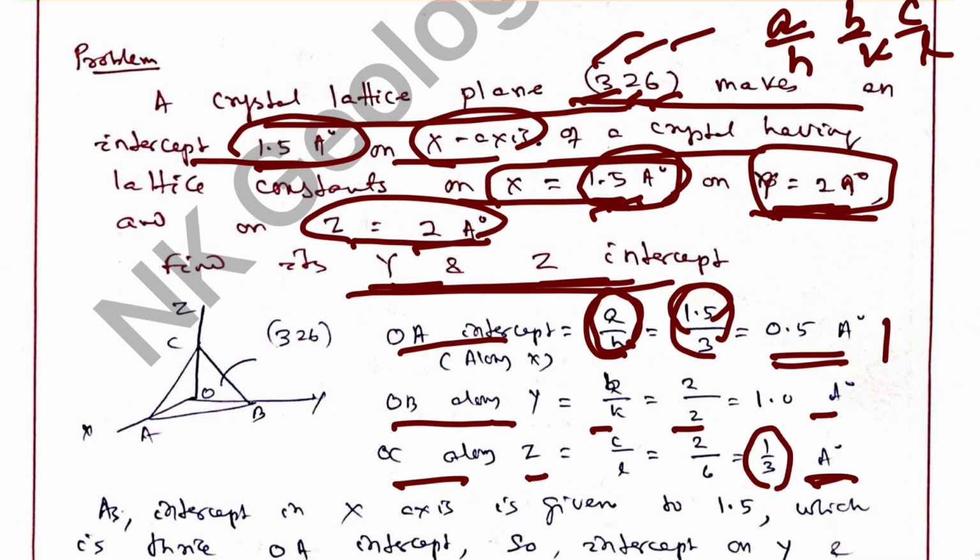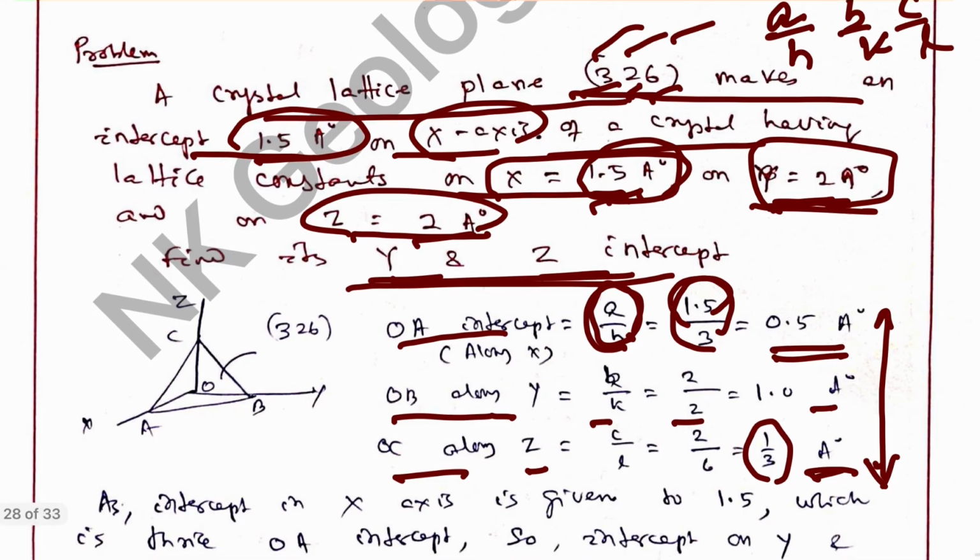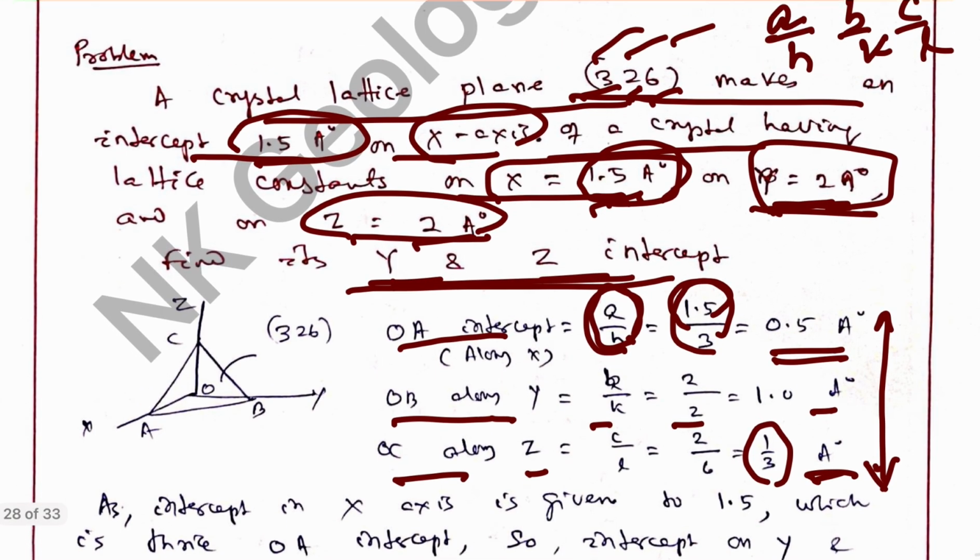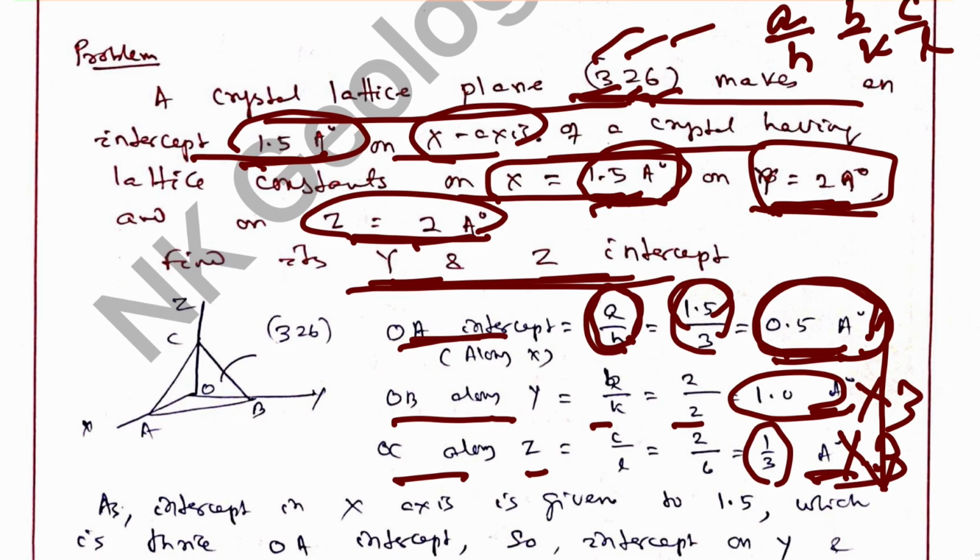So these are the actual intercept lengths along a, b and c axes. But here the OA intercept is coming out to be 0.5 as per these lattice constants for this plane. But it has been shown that it makes an intercept of 1.5 angstrom instead of 0.5 angstrom. It meets thrice this value. So all these values will have to be thrice.